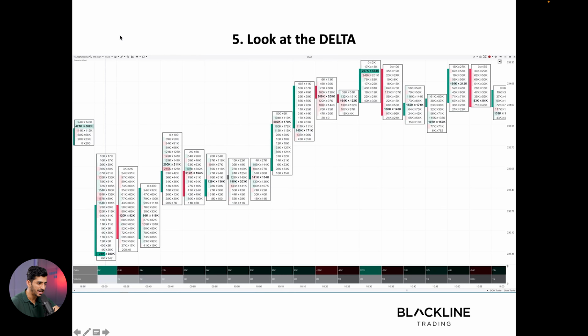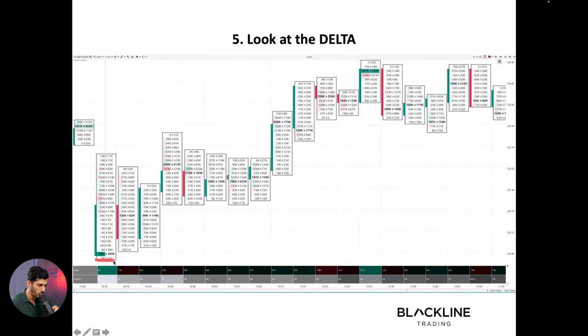And similarly, a negative delta does not always mean that the price is going to dump. You always have to look at the bigger picture. And that's exactly why we started this session by looking at the 5 major components and building up on those 5 points. Now here, looking at the delta, again, let's have a deep dive into the structure of this candle.